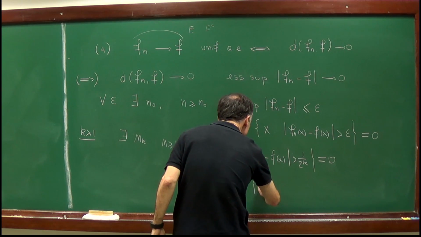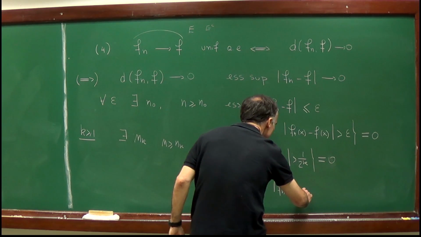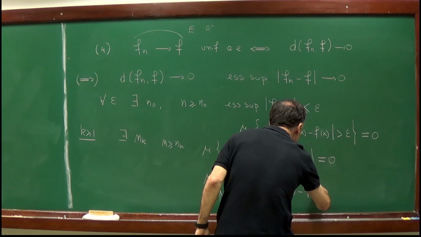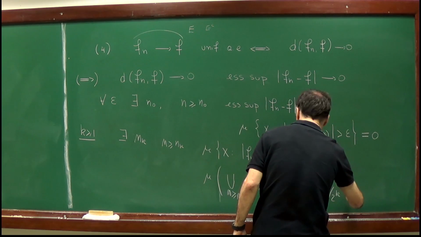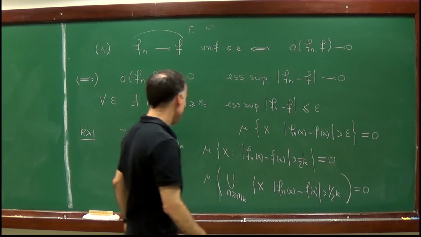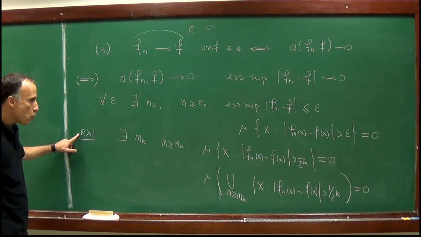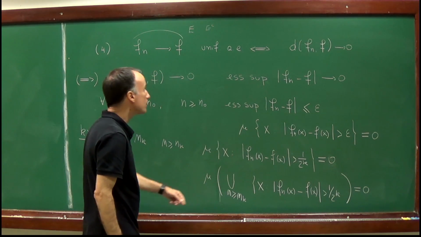of the sets x such that Fn(x) minus f(x) is larger than 1 over 2k, and this is 0. And this is true for all k. So now I can take the union over all k.